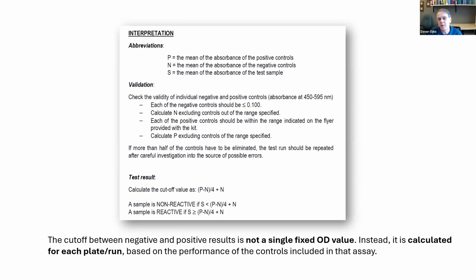This means that on the same run or in between runs, a sample with an OD value of 0.25 can be positive and next time could be negative, which is a little confusing and actually unique. All the other ELISAs that we use in my lab have a fixed normalized cutoff, but not a floating OD like this.